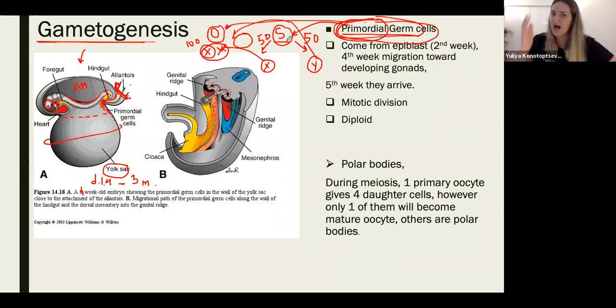The man could be dying on the bed, okay, but still be able to produce spermatozoa. For female, we are born with a certain number of oocytes, right? So we can't make them as an adult. So is this point clear? Where do oocytes come from? They come from PGC. Where do spermatozoa come from? They also come from PGCs.